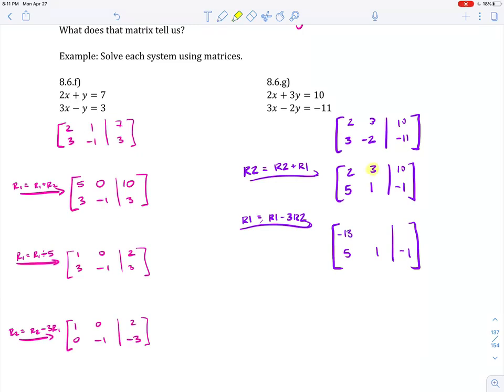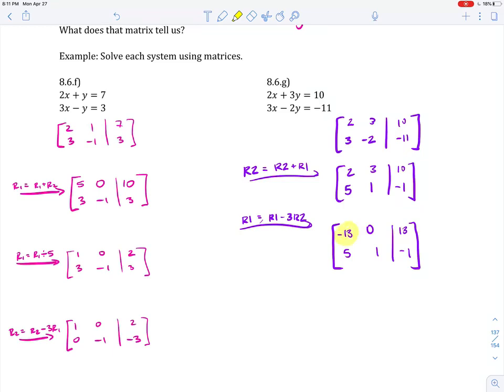So I have 2 minus 3 times 5, so 2 minus 15, which gives me -13. I have 3 minus 3 times 1, so 3 minus 3, which gives me 0. And here I have 10 minus 3 times -1, so I get 10 plus 3, which means I get 13.